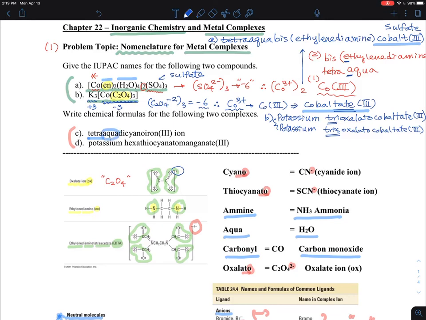So I can write it H2O4, and then dicyano. Cyano means CN2. Okay. And then, as you know, this will give rise to -2 charges, because the cyano is a negative bond. There are 2 of them, so -2 charges.